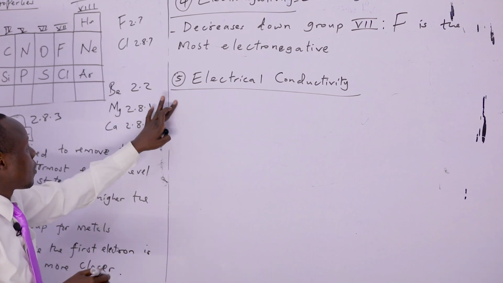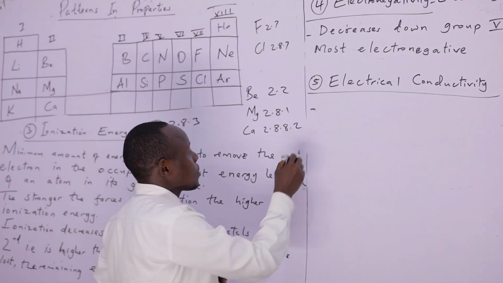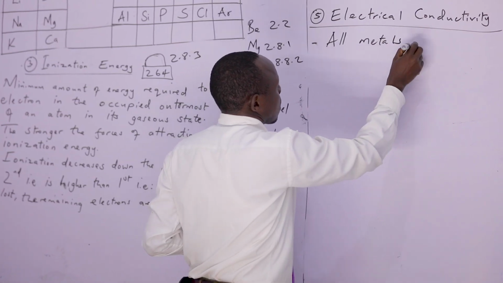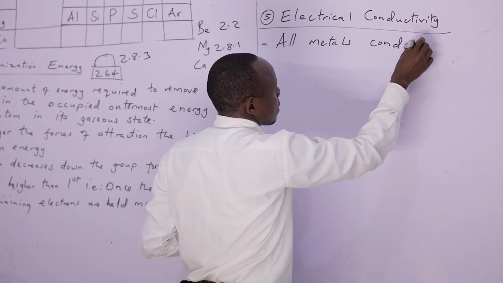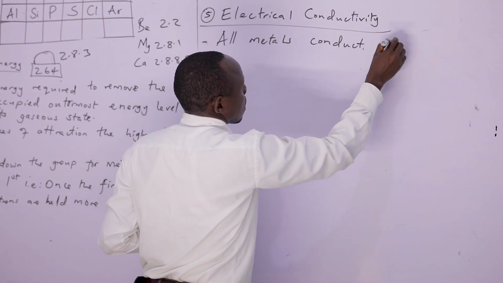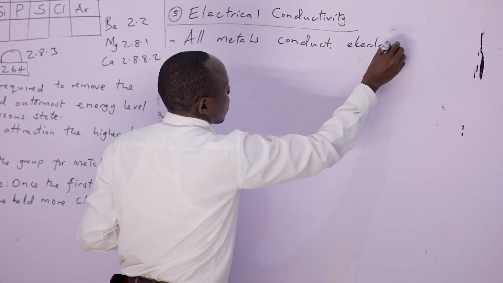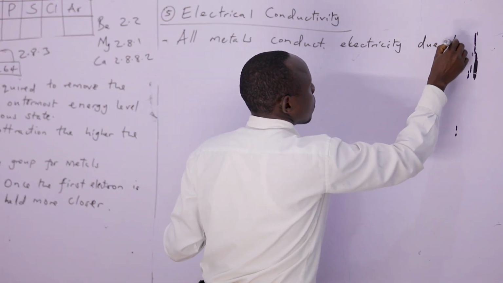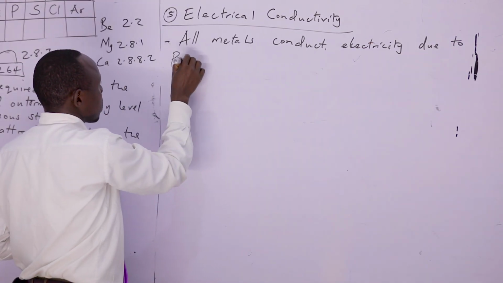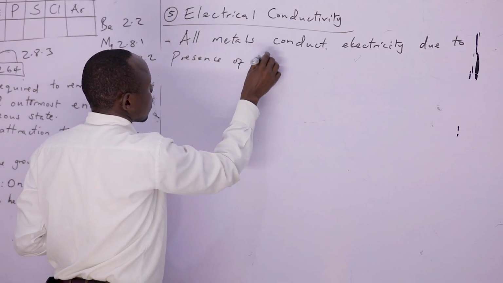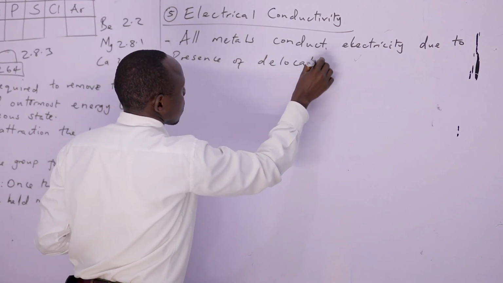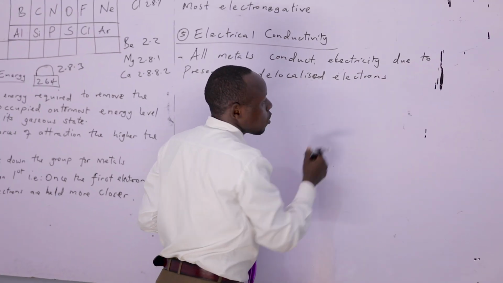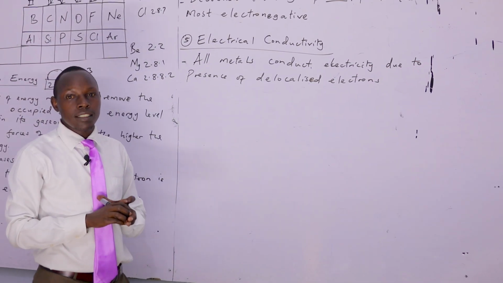One point about electrical conductivity is that all metals conduct electricity due to presence of delocalized electrons. All metals contain delocalized electrons.